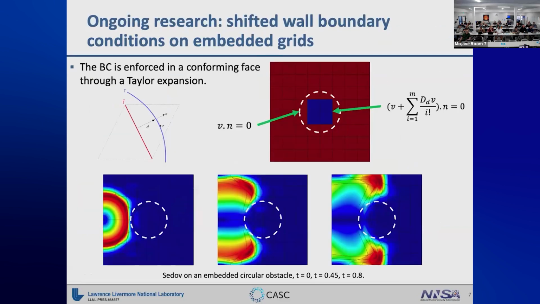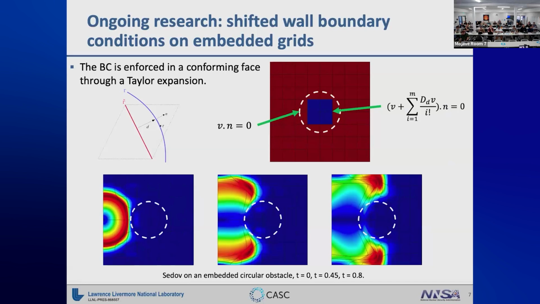All right. Then our ultimate goal for this was shifted boundary conditions. These shifted methods are very useful when you have finite elements with curved boundaries, because doing geometric operations becomes mostly impossible. So you need some kind of approximation. The idea of shifted methods is that if this is the true boundary, this white circle here, you don't enforce the boundary condition on the circle, but you enforce it on surrogate faces, on the blue face.